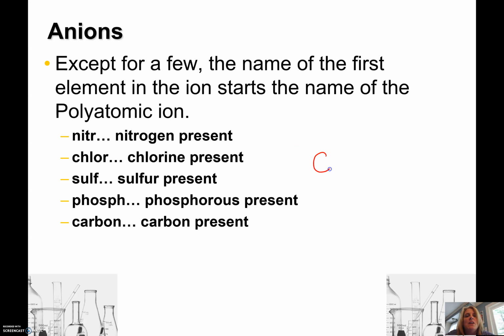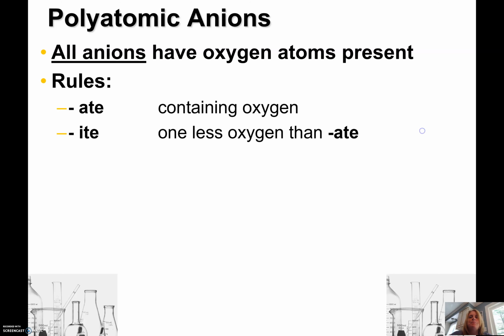When we had any of our chlorates, ClO3, it's called chlorate because chlorine's present. Or our sulfate, it's because sulfur is present. Or phosphate is because phosphorus is present. And carbonate is because carbon is present. So a lot of the negatively charged ones, that first element is how the name starts.